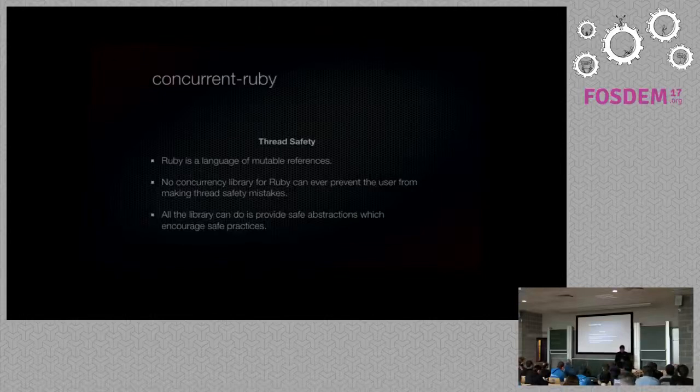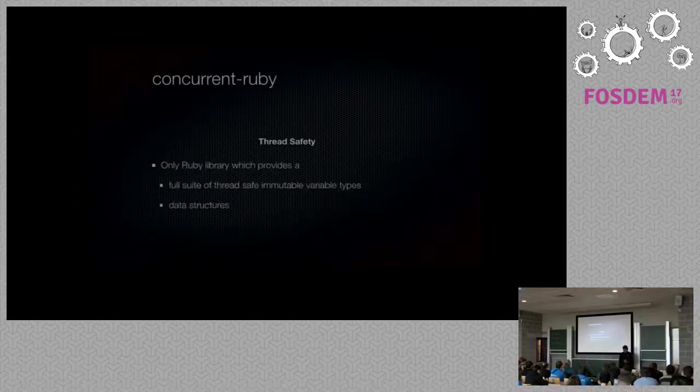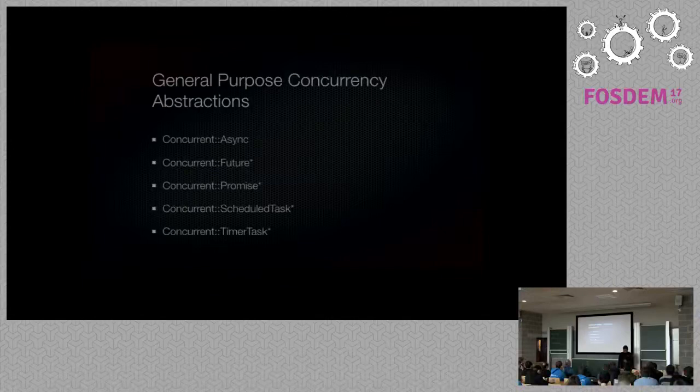All a library can do is provide a safe abstraction which encourages safe practices. Concurrent Ruby provides more safe concurrency abstractions than any other Ruby library. It follows the mantra: do not communicate by sharing memory, instead share memory by communicating. It is the only Ruby library which provides a full suite of thread safe immutable variable types and structures.